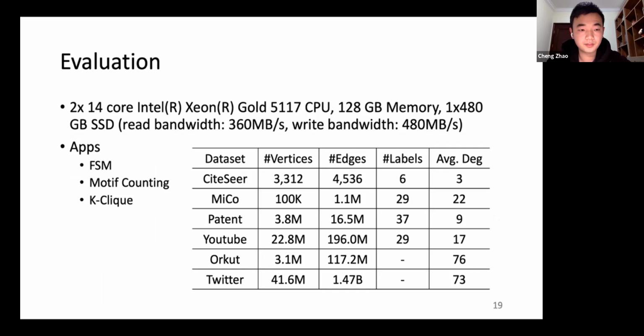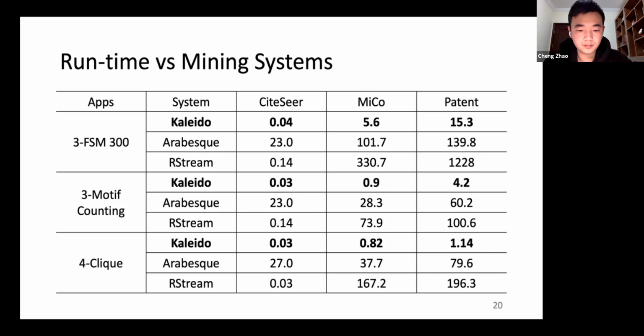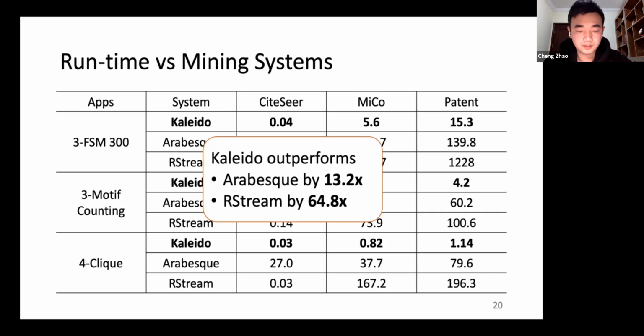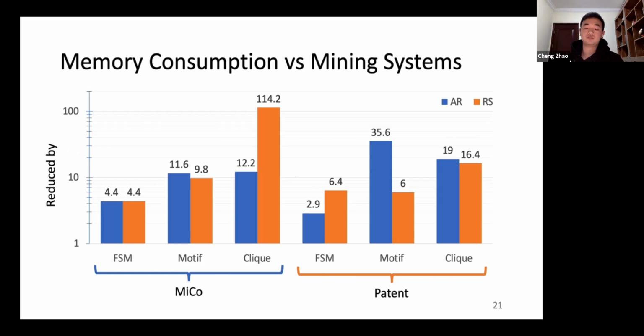This is our experimental environment. We test FSM, motif counting, and clique over the datasets. Compared with Arabesque and ArtStream, Kaleido outperformed them by 13.2 times and 64.8 times.